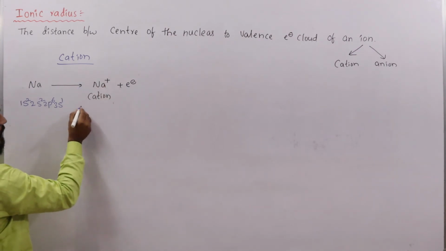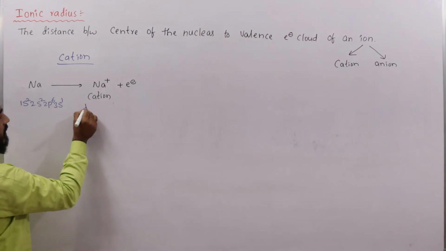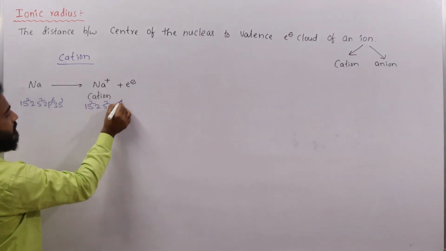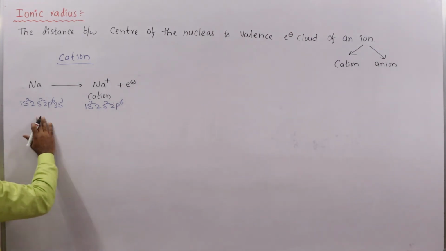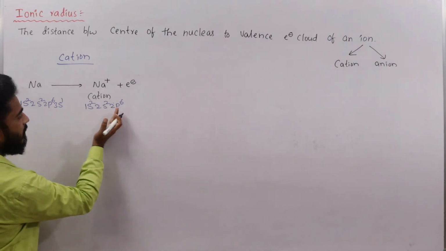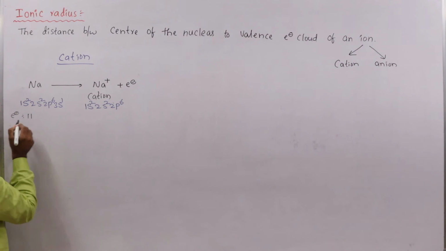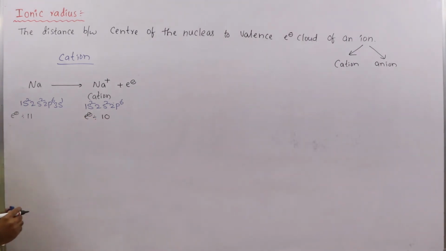Then the Na+ configuration, by the loss of one electron from 3s1, changes to 1s2, 2s2, 2p6. So when you observe from here to here, the number of electrons decreased. Here 11 electrons, here only 10 electrons are present.